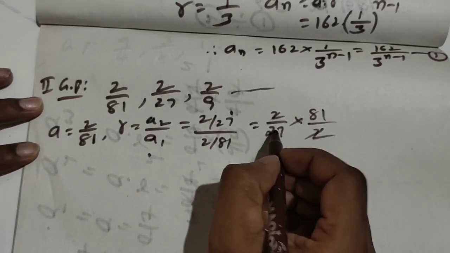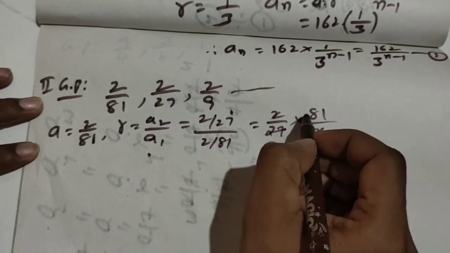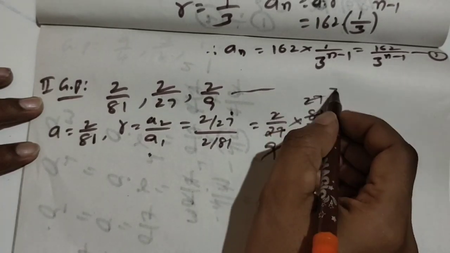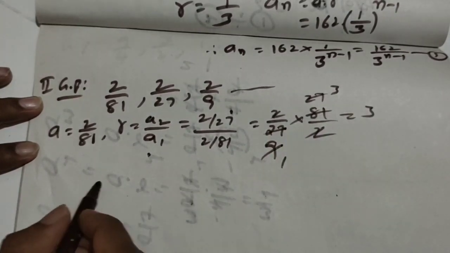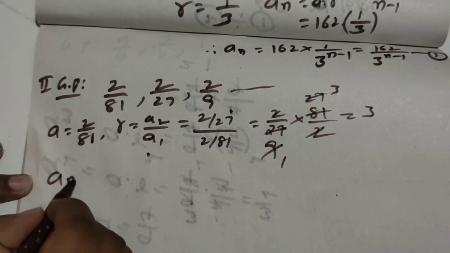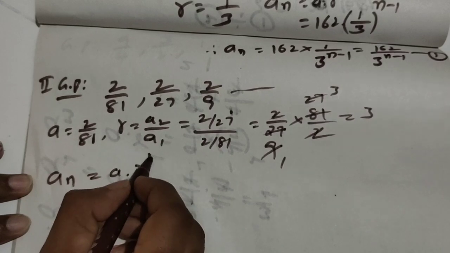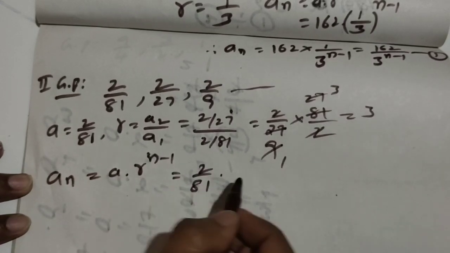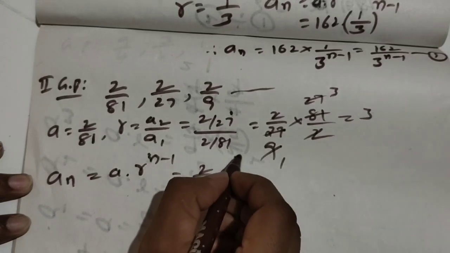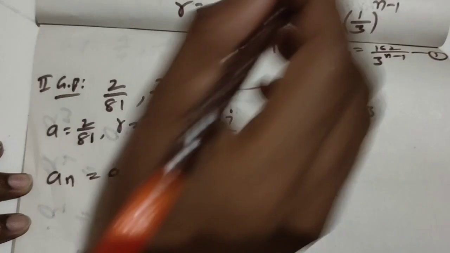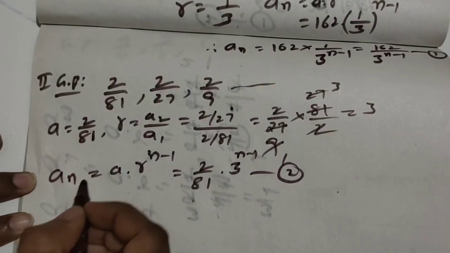So 2 gets cancelled, by 3 table, 3 9s are 27, 27s are 9, and 1 by 9 by 3. So here a value 2 by 81, r value 3. Now find an. An is equal to a into r power n minus 1, that is 2 by 81 into 3 power n minus 1. Okay, so equation 2.